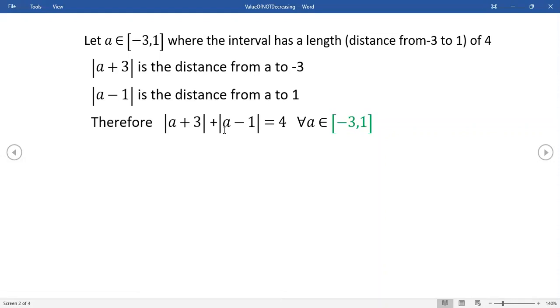What we have shown is that for all a inside the interval from -3 to 1, we have a solution to our original equation. So the solution set is not just the numbers -3 and 1 in a singleton fashion. It's the entire closed interval of numbers from -3 to 1.